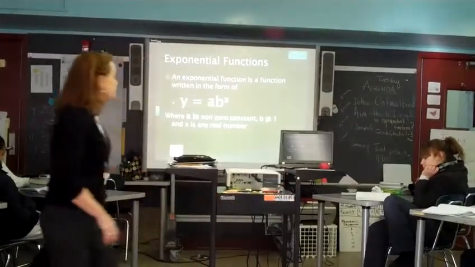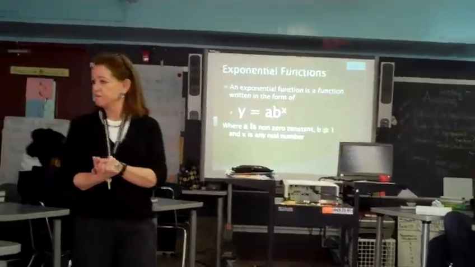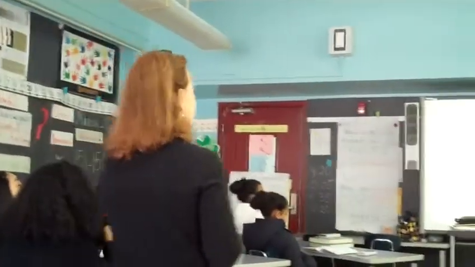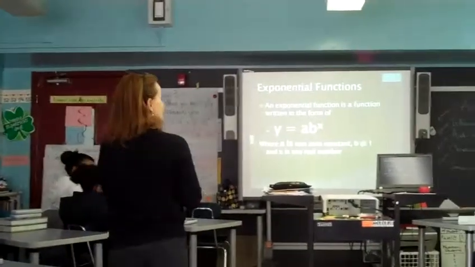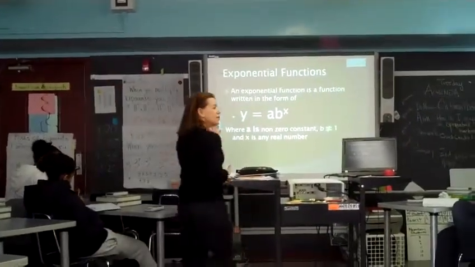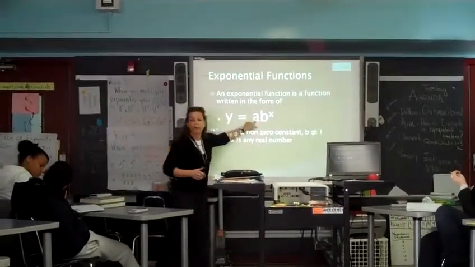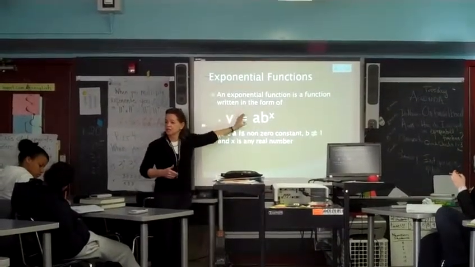An exponential function. Anybody want to read this for me? Maria, go ahead. An exponential function is a function written in the form of y equals ab to the x. Okay, and there's a disclaimer on the bottom where a is a non-zero constant. Why do you think it's important that a is not zero?